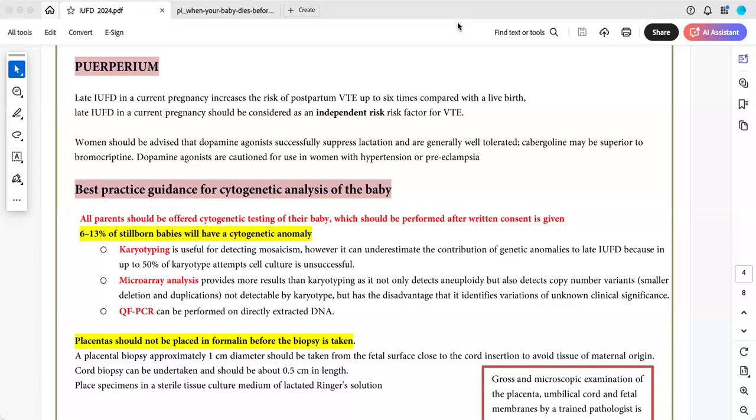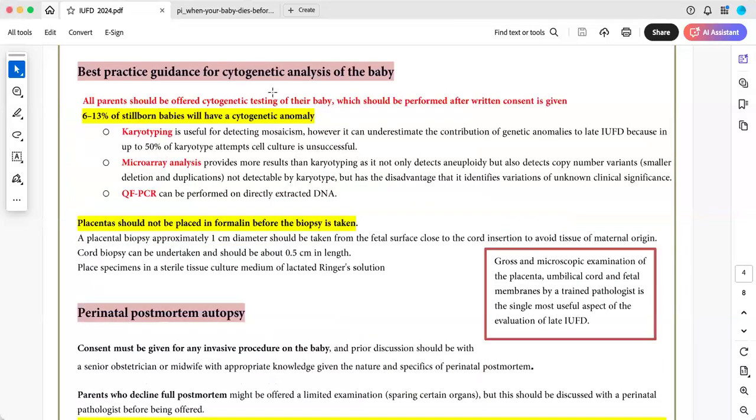And to do this, you need to have a consent. And the type of the consent, would it be written or a verbal one? It must be written consent, okay?